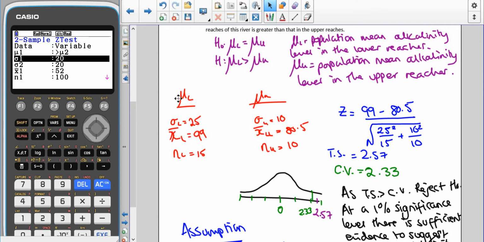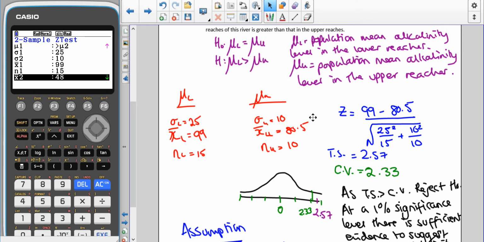The standard deviation of my mu1, so my L group, is 25. The standard deviation of my second group, so mu U, is 10. The mean of my first group is 99, and the sample size is 15.